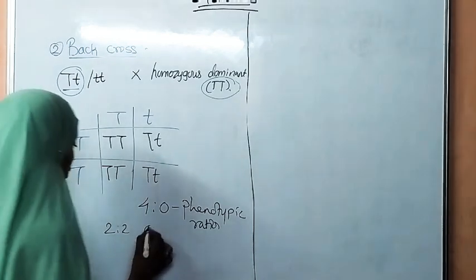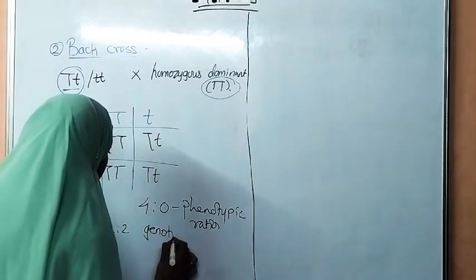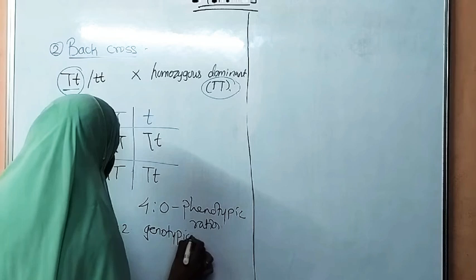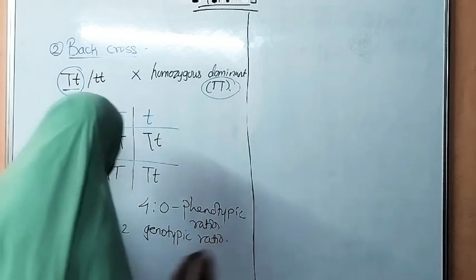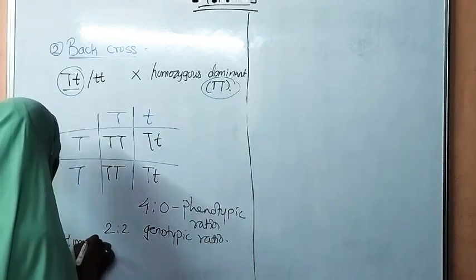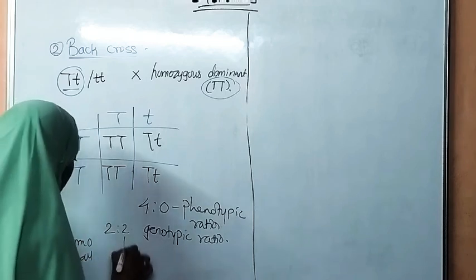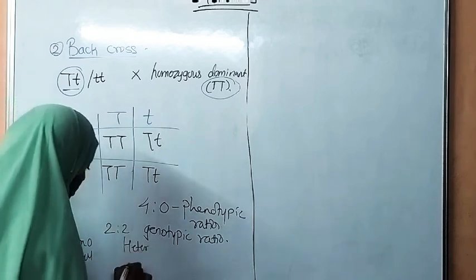So the genotypic ratio is 2:2: homozygous tall and heterozygous tall.